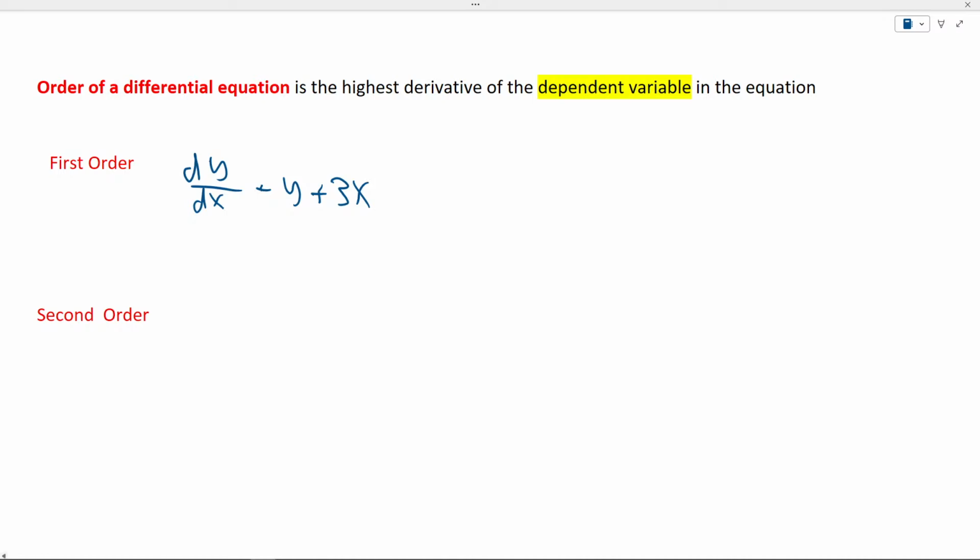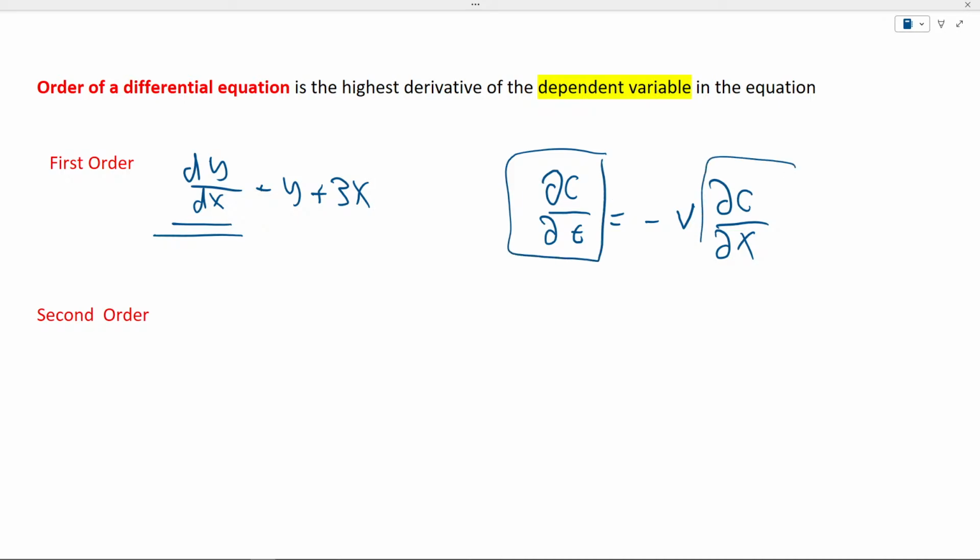So this is a first order differential equation. Why is it first order? Because I have a first order derivative here. Let me show you another example, which we've seen before: partial c over partial t is equal to negative v dc over dx. This is a first order differential equation. Why? Because I have a first order derivative here.